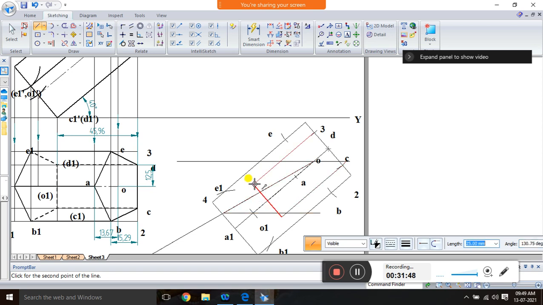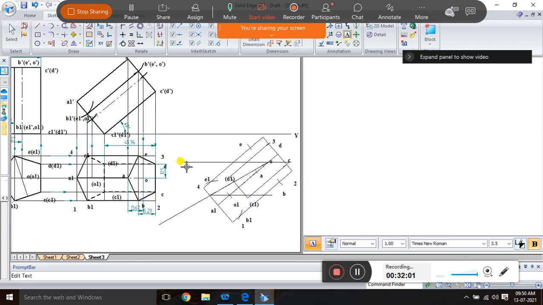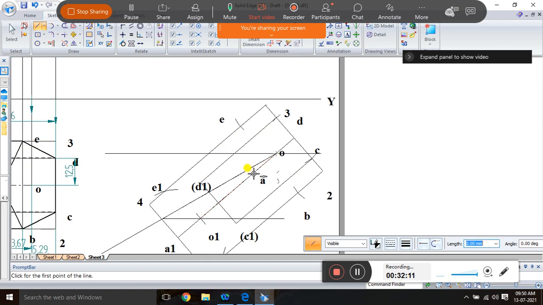Okay, and join. So this name is D1 in bracket and C1 in bracket. Like this you have to construct, and with the help of line we got all the points. So just join all the visible lines.